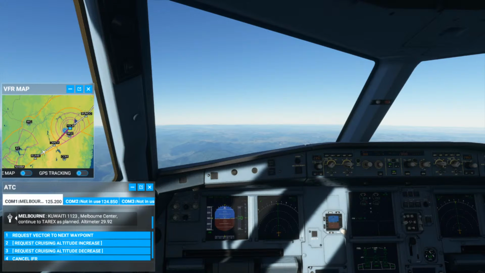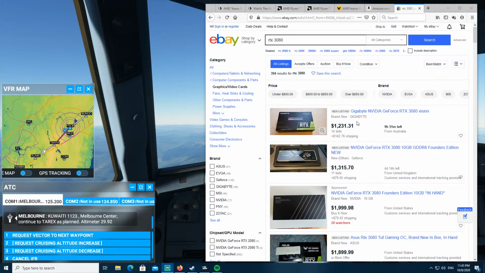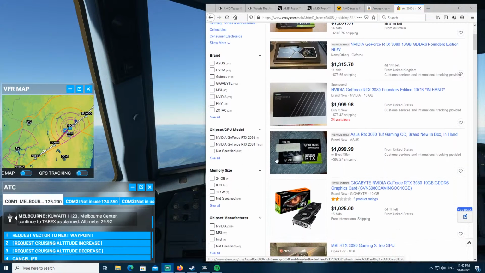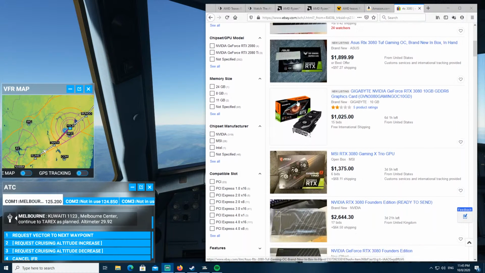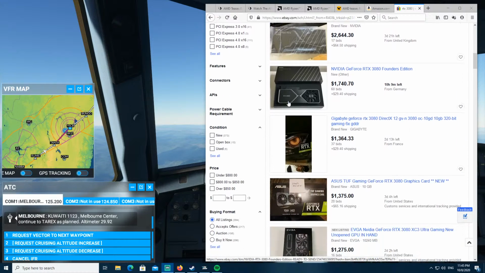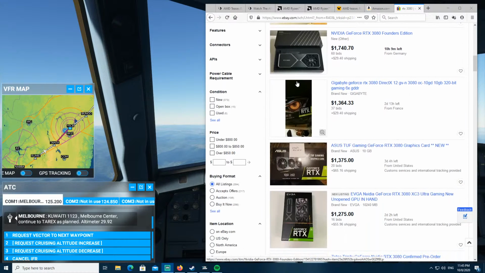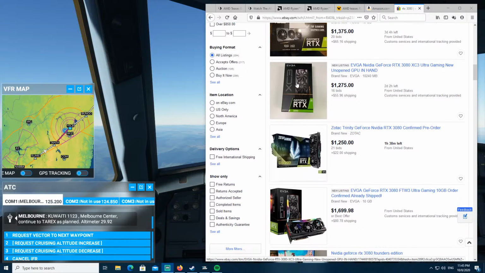And they still have these cards. You think that there's not enough inventory of these cards, but every day you see scalpers putting them on the internet. Here it is, from Gigabyte, Founders Edition, Acer stuff. It's kind of hard to find these cards. Trio, all types of cards, whether it's Founders or a board partner card.